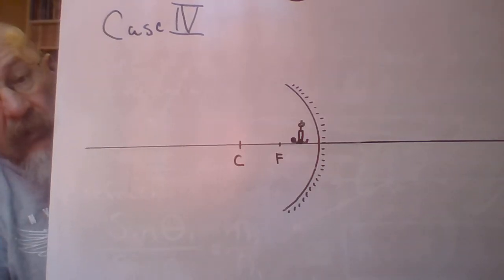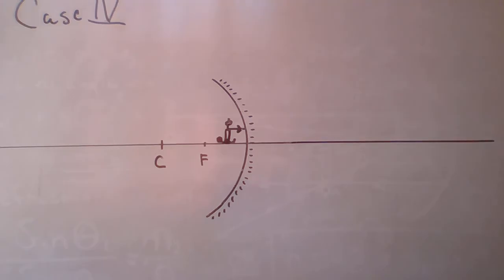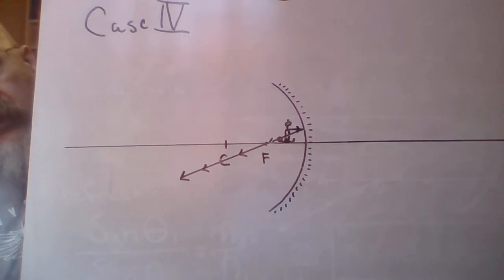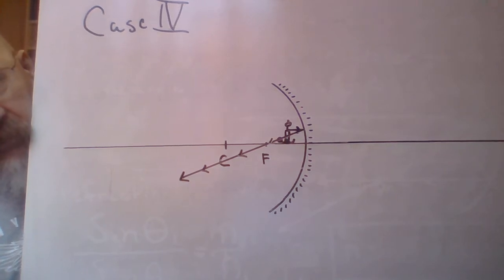Okay, now for the fourth case for a convex mirror, or concave mirror, excuse me. Okay, case 4, an object inside the focus point. Okay, first ray, parallel to the principal axis on its way into the mirror. And that ray gets reflected back through the focus point.